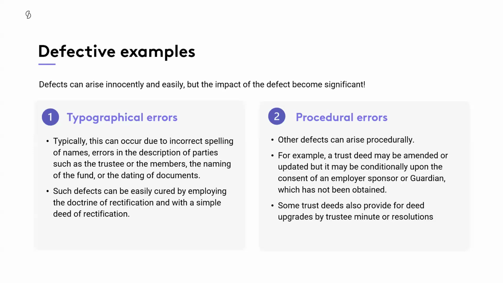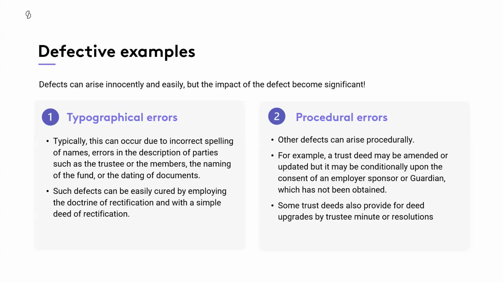Now, in these typographical errors that occur, such defects here can be easily cured. And that's the most important part here, by employing that doctrine of rectification that I was talking to before. And ultimately, we prepare what is known as a deed of rectification that will look to remedy those particular errors.